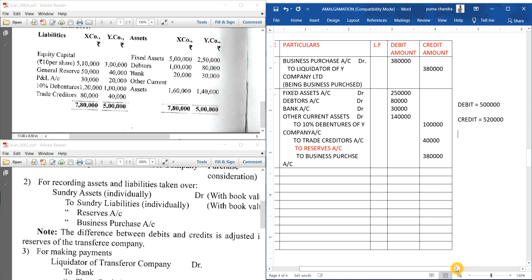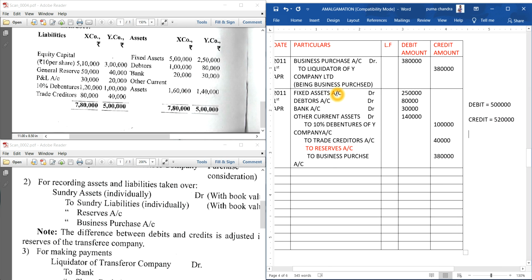Please try to concentrate here. We are receiving 5 lakh worth of assets in total, whereas we have paid this 5 lakh 20,000 rupees to Y Company.